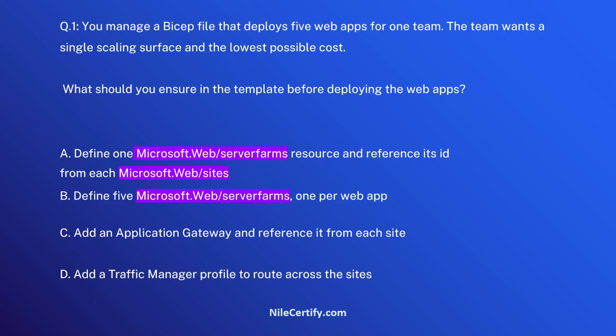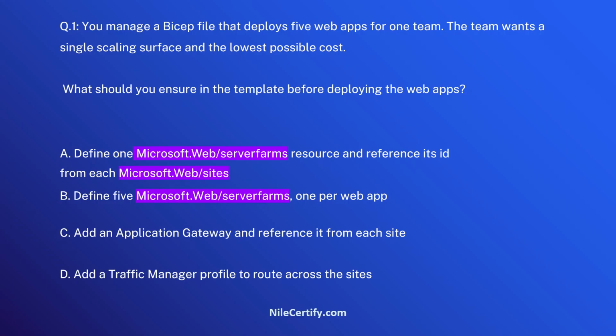And which is really important here, you pay for only one plan. So that's really low cost, and that matches the requirement mentioned in the question. So this is a good answer so far, but we will continue reviewing the other answers.